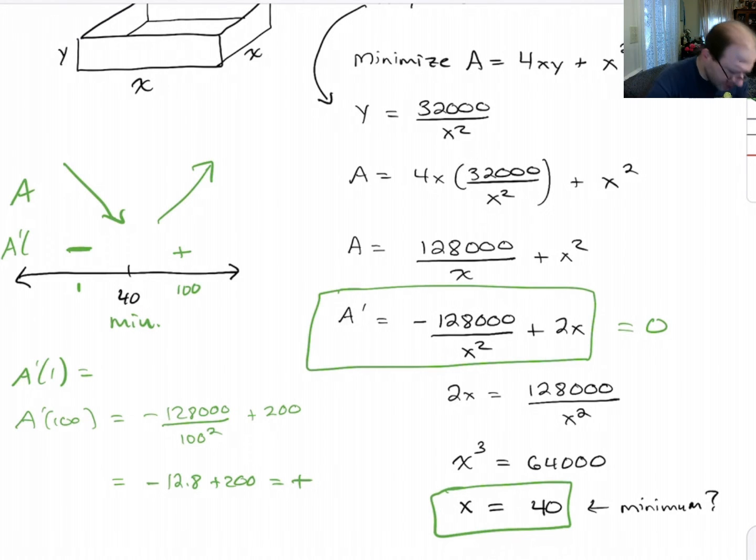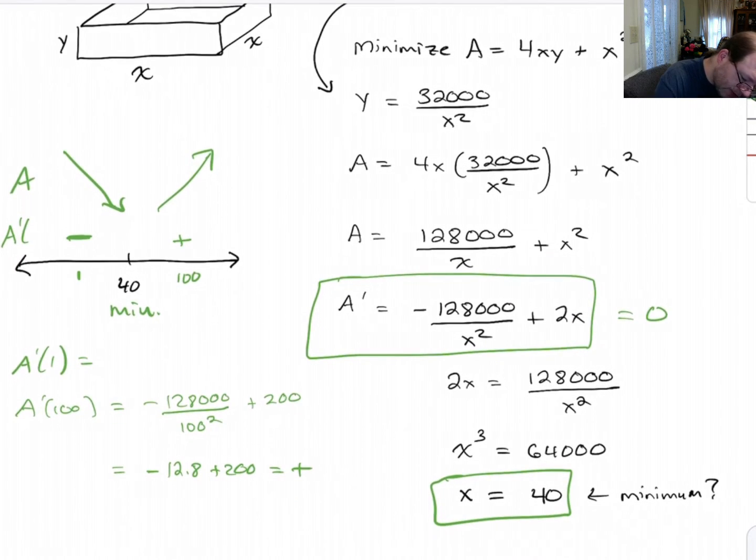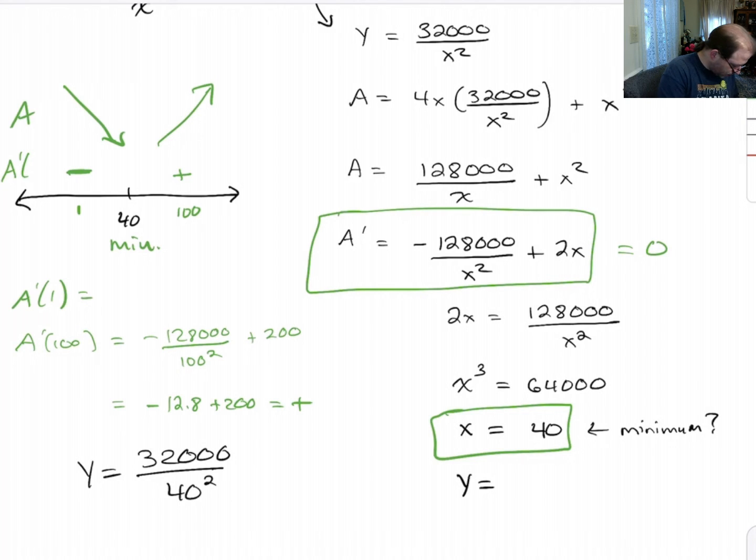Let's go back to what the question was asking. Find the dimensions of the box that will minimize the amount of material used. So x is going to be 40. What about y? Let's see, y is 32,000 over 40 squared. 32,000 divided by 40, divided by 40 again is 20.